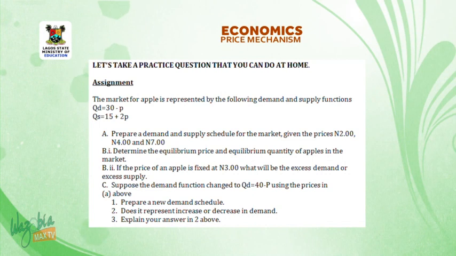B. Determine the equilibrium price and equilibrium quantity of the apple in the market. If the price of apple is fixed at 3 naira, what will be the excess demand or excess supply? C. Suppose the demand function changes to QD = 40 minus P.